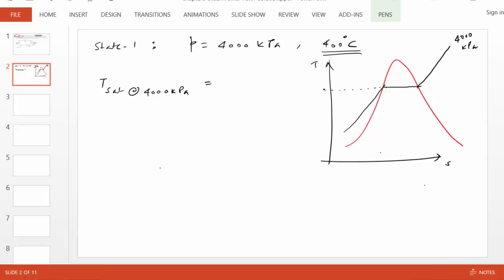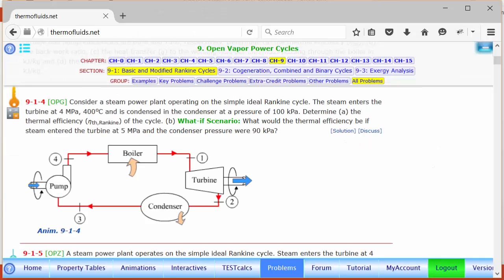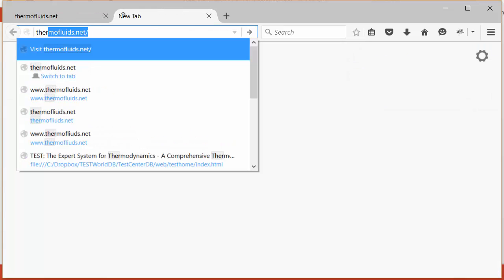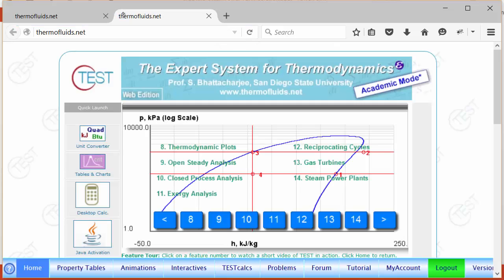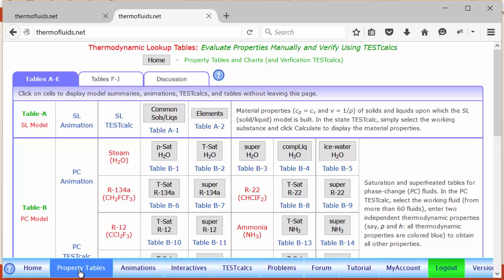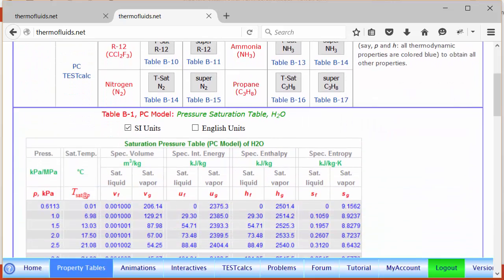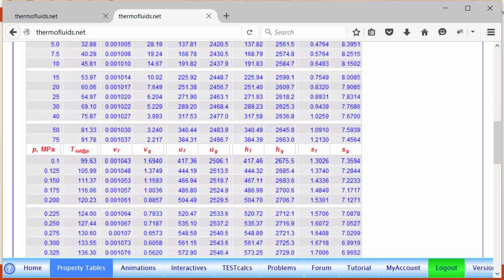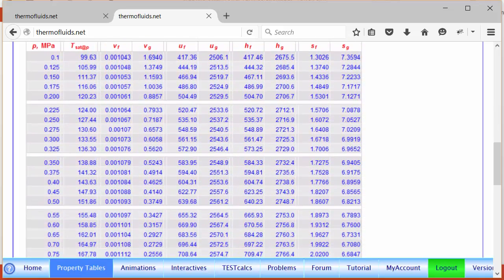Let's see how we find the saturation temperature. We know the pressure, so we go to the pressure table. Let's open another window and go to the property tables. In the PC model, for steam, you go to the saturation pressure table and look for a pressure of 4 MPa.